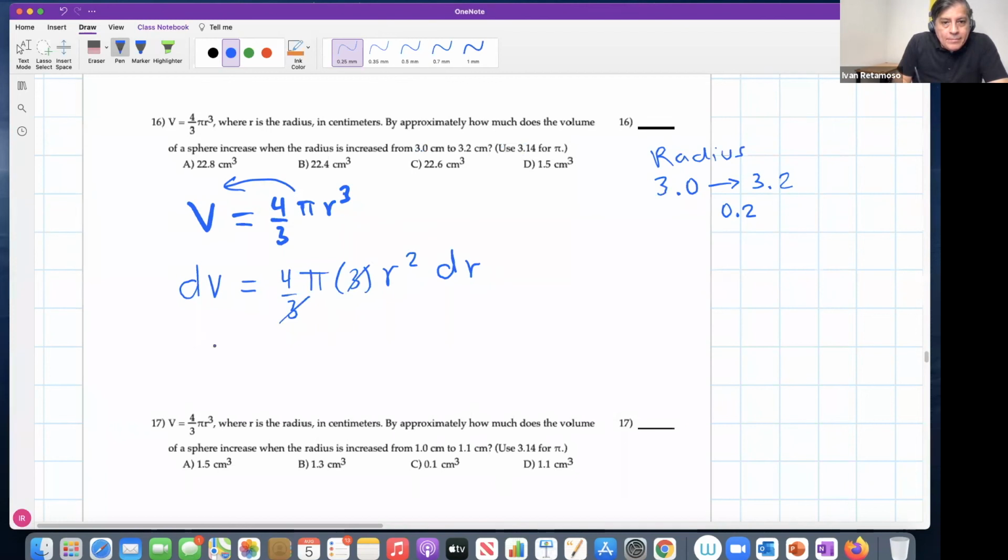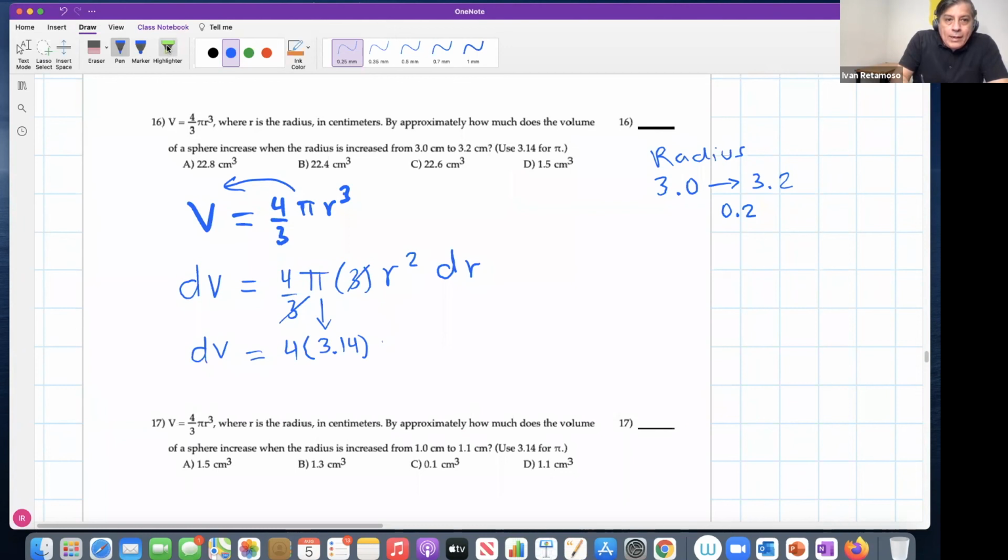3 cancels with 3, so I end up with dV equal to 4 pi, but they're saying I should use 3.14 for pi. So that r squared, which r?